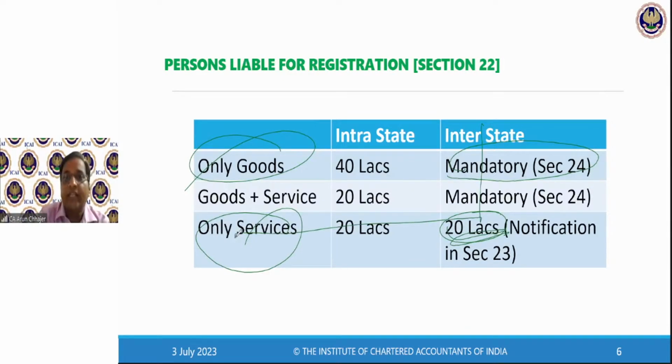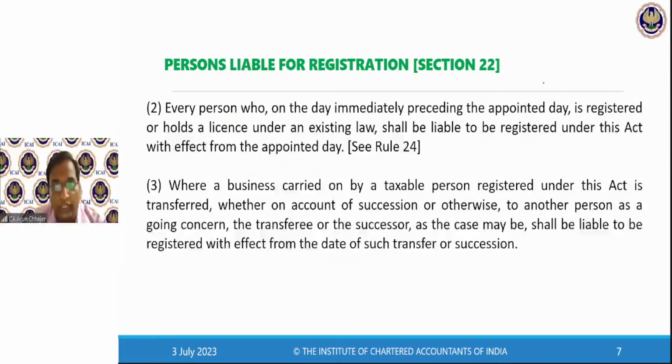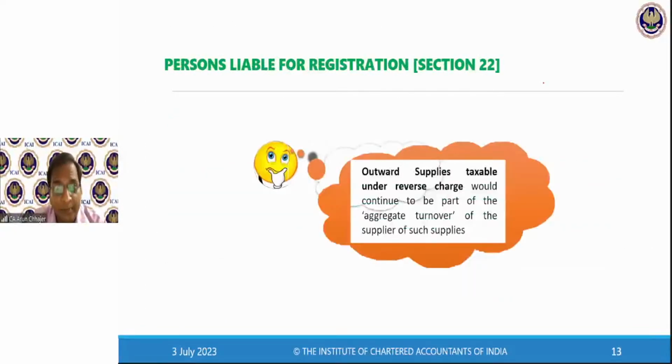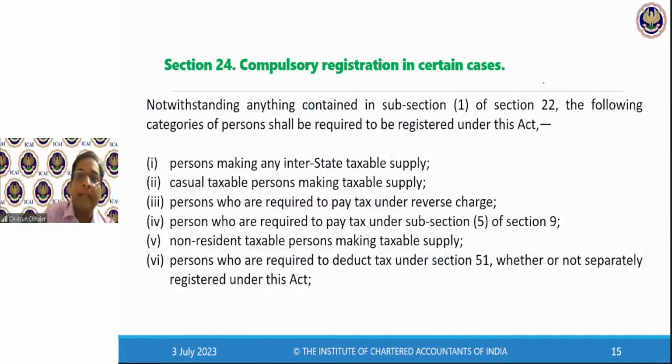Interstate services 20 lakh. But as per section 24, it appears that it covers both, whether it is goods or services. Answer is yes. Ideally, section 24 is talking about goods and services both.